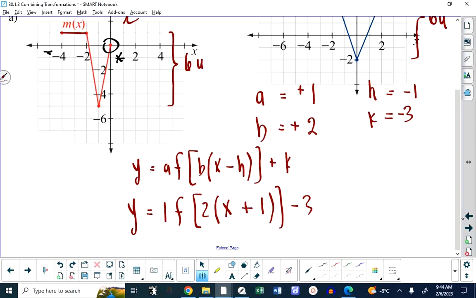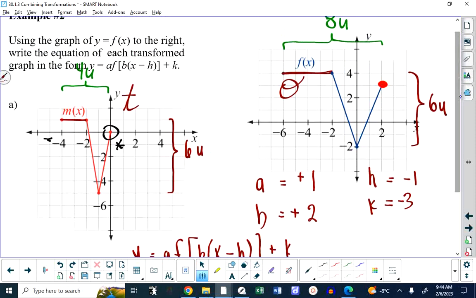What if you chose a different point? What if you chose this point, which has to land here? Well, I stretch it vertically by a factor of 1. It doesn't move. I stretch it horizontally by a factor of a half. It still doesn't move.